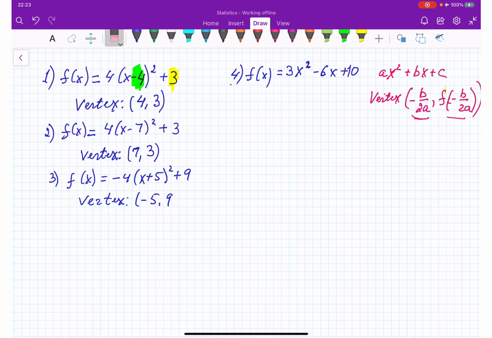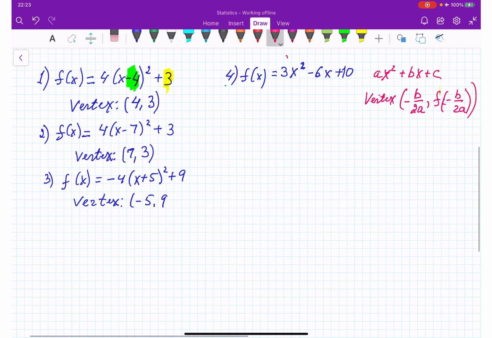All right, let's do it on this one. If I write down here ax squared plus bx plus c, let's see, my vertex, so the value for x is going to be negative b over 2a. How much is my b here?